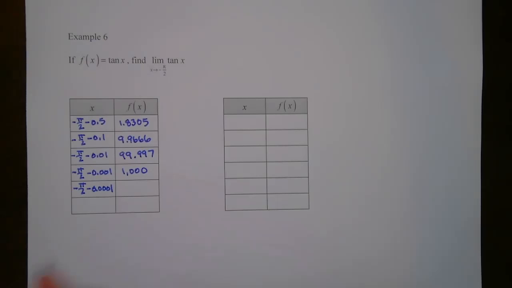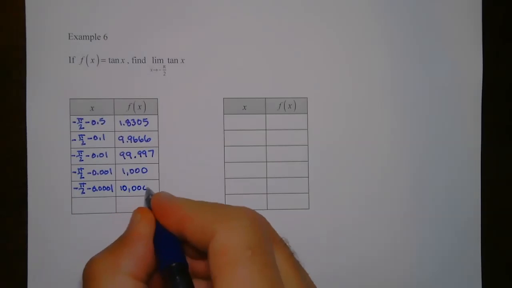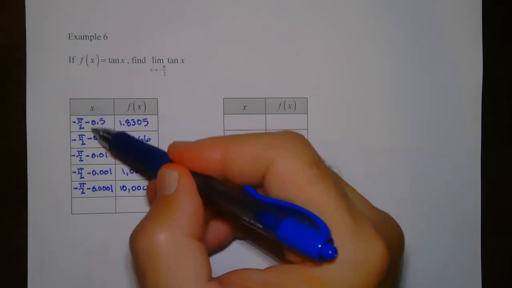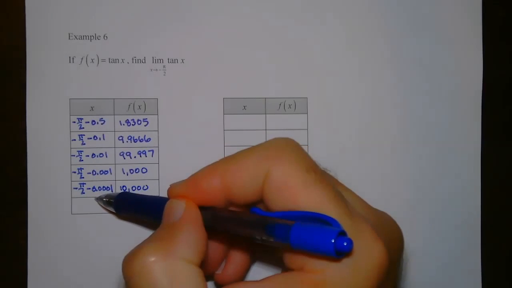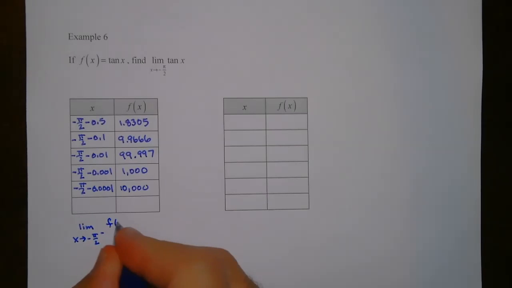For this one we actually get 10,000. So can you see what happens? Our x's are getting closer and closer to negative pi over 2 from the left. So we would write the limit as x approaches negative pi over 2 from the left of f of x, or tan x.